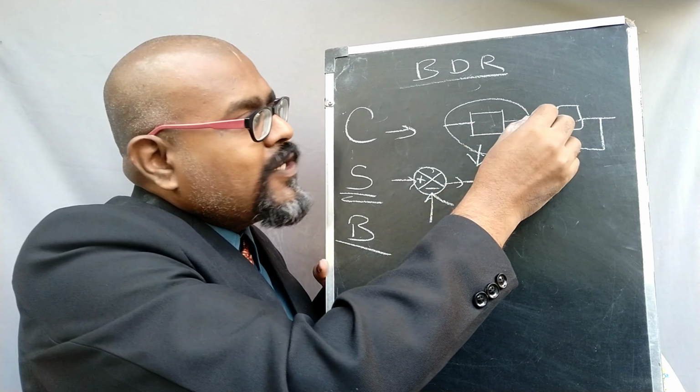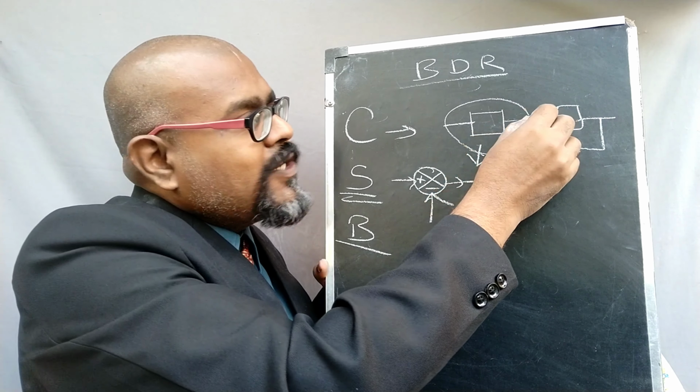When a path starts from one point and ends at another point, it is called the forward path. When it starts from one point and ends at the same point, it is called the loop. That is the definition, we know that. So this is considered a forward path, and this is also considered a forward path. So this particular system has two forward paths. This is one forward path and this is also a forward path.